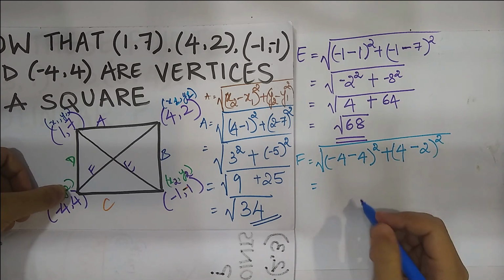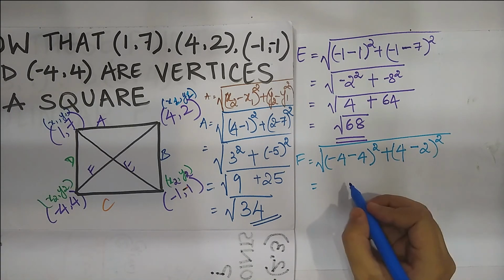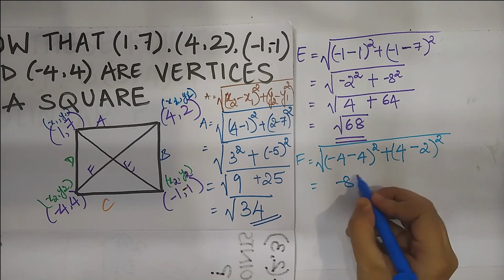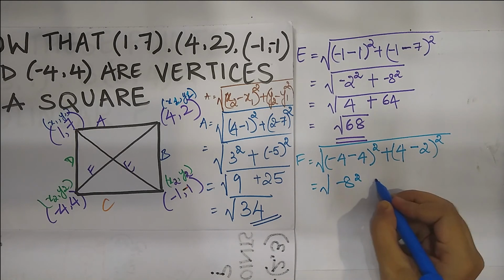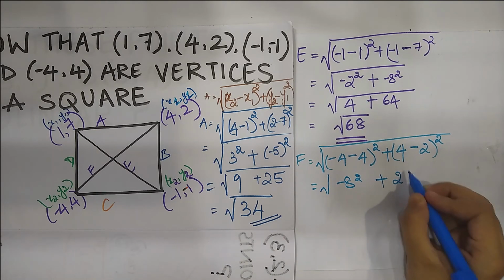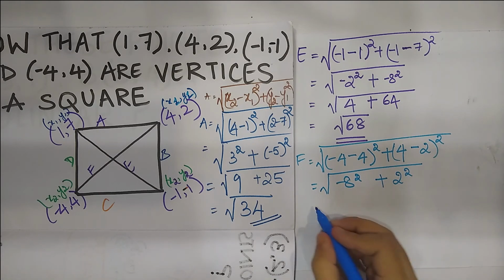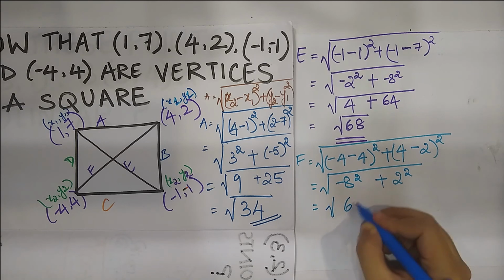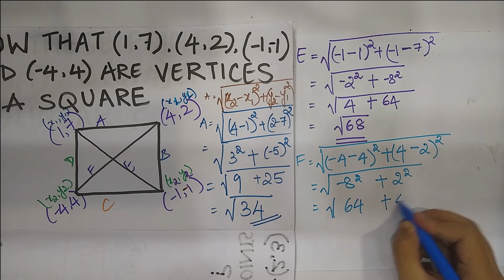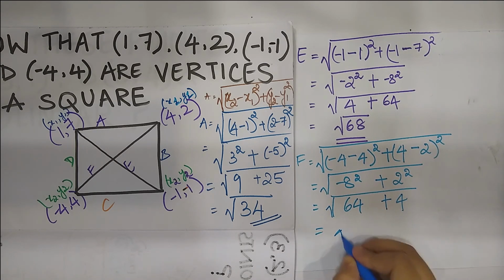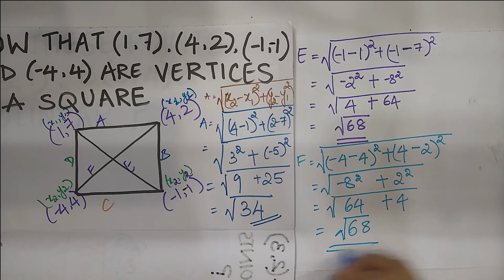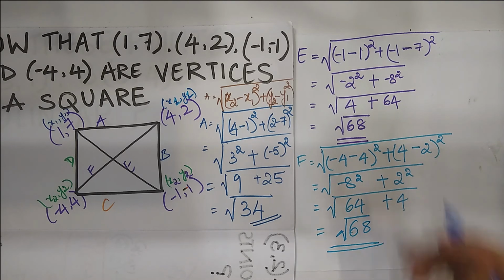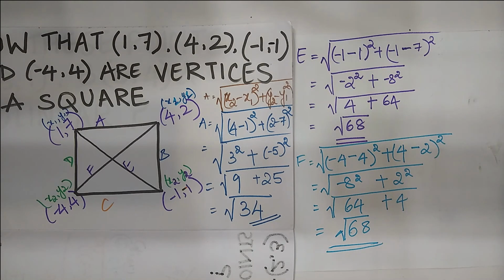So minus 4 minus 4 makes it minus 8. So minus 8 square plus 4 minus 2 is 2 square. Again, minus 8 square and 8 square have the same value. So 64 plus 2 square is 4. This gives us square root of 68. So we have both these diagonals as square root of 68.